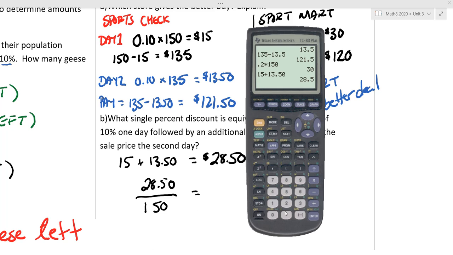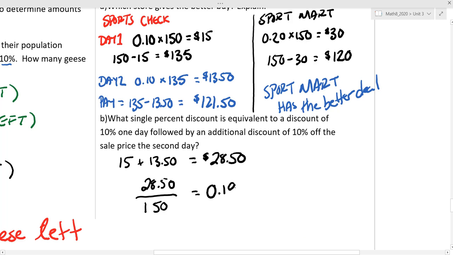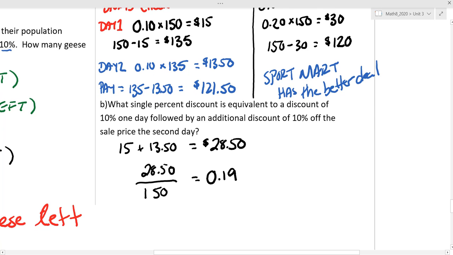So we go 28.50 divided by 150 equals 0.19. That is our percentage as a decimal, right? And how do you convert a decimal to a percentage? You multiply by 100. 0.19 times 100 gives us 19%.